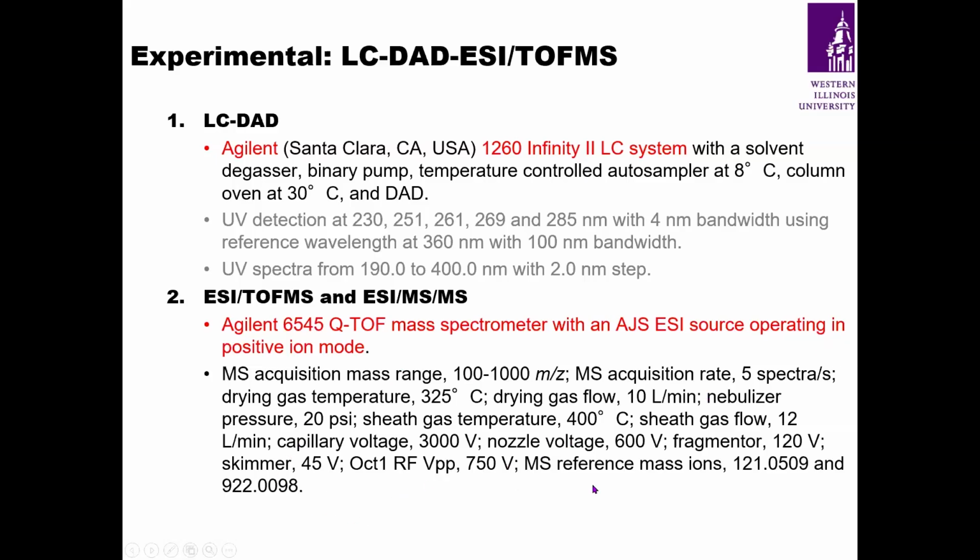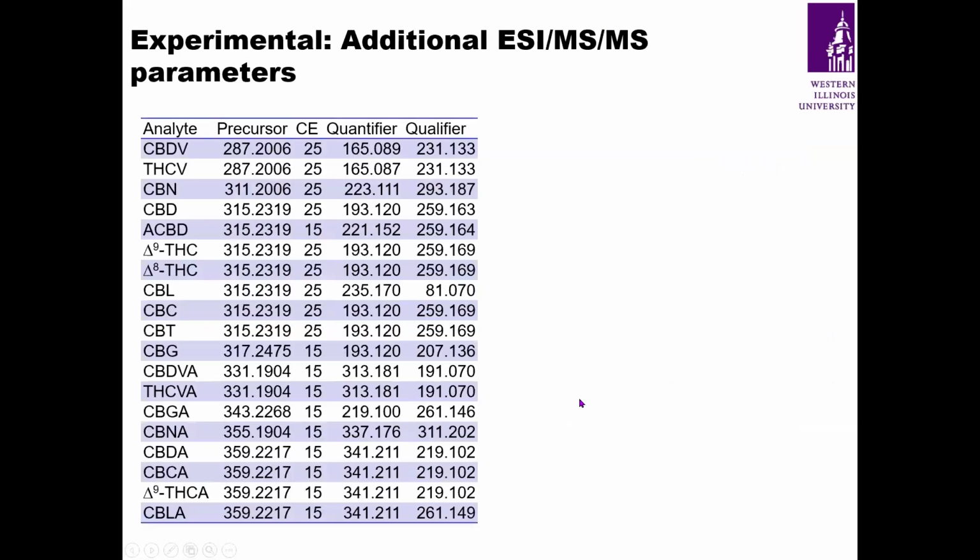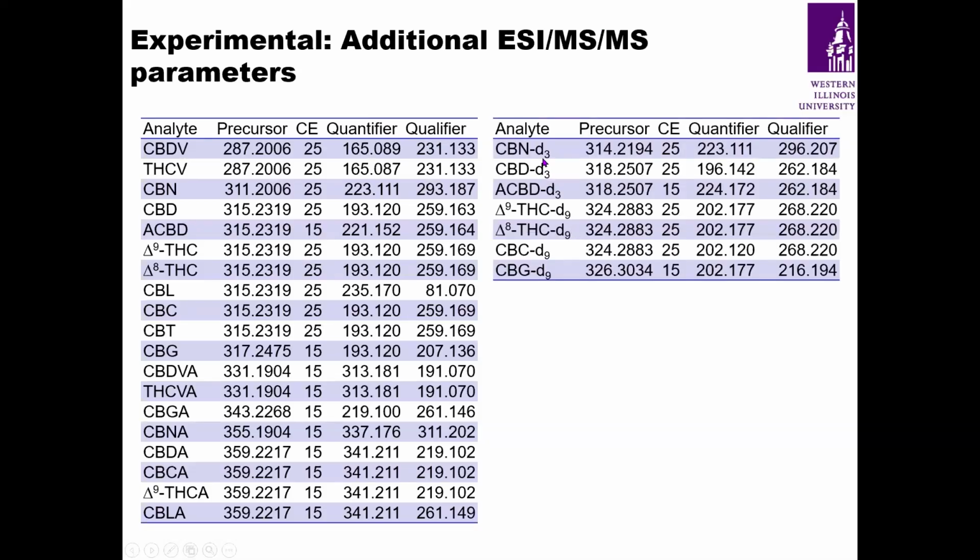Some MS parameters are here, and additional ESI MS-MS parameters in this table, including precursor ion, collision energy, quantifier ion, qualifier ion, and we used 6 stable isotopically labeled cannabinoids plus a CBD-D3 as internal standard.